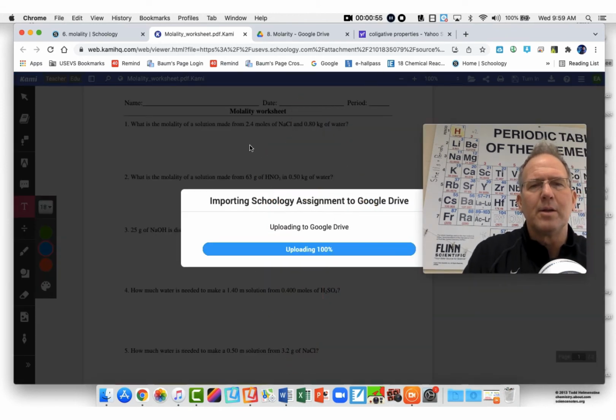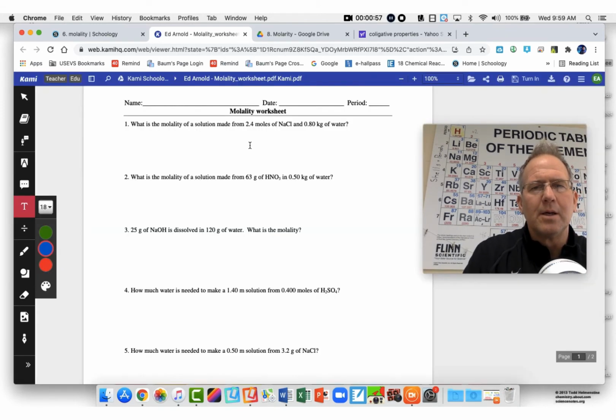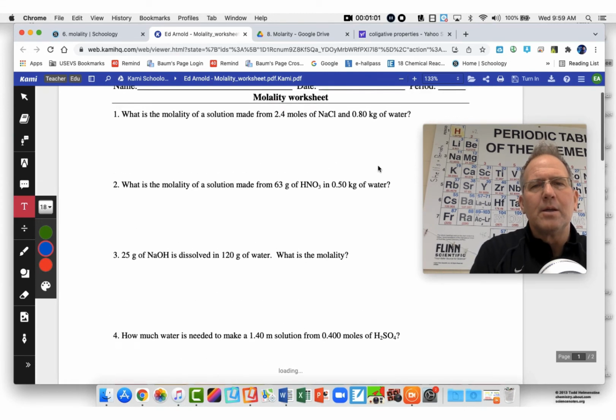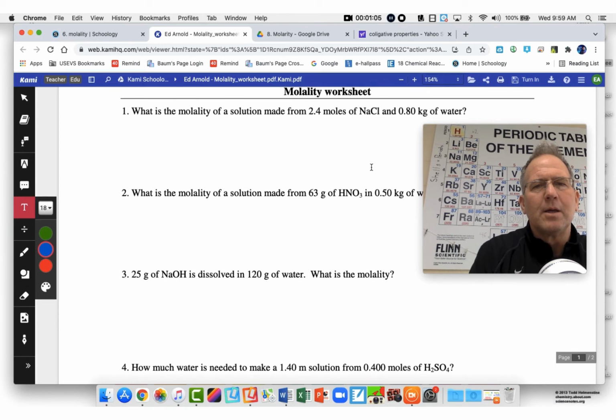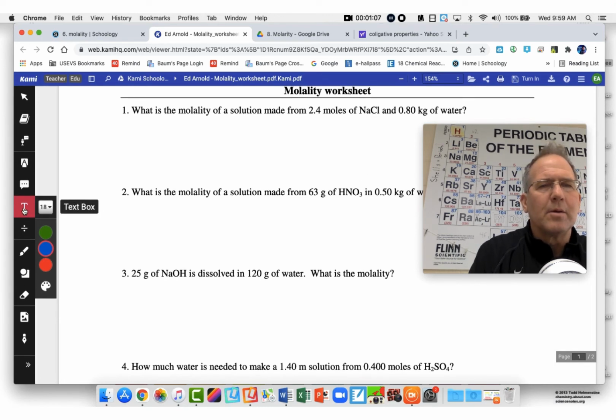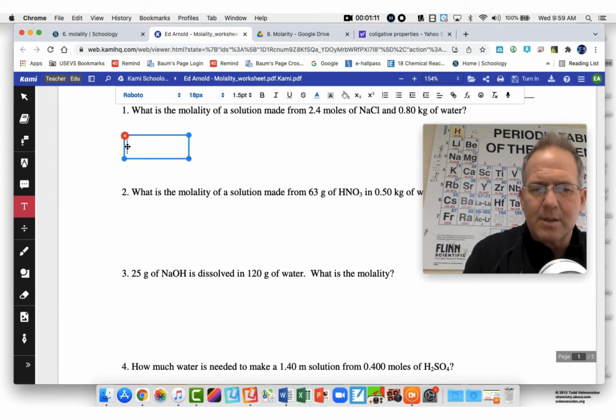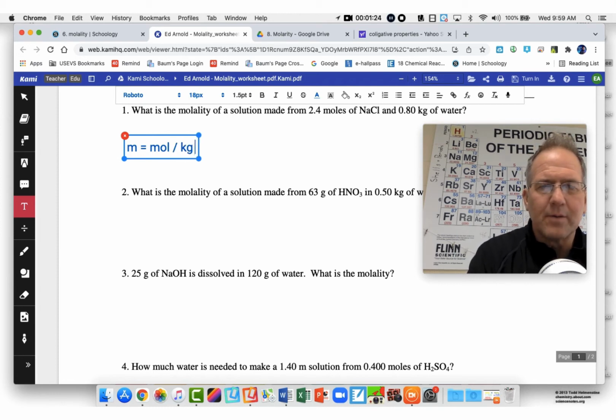And there she is. Okay. Let's see what we can do with that. All right. So our equation is little m molality is equal to moles of solute over kilograms of solvent.